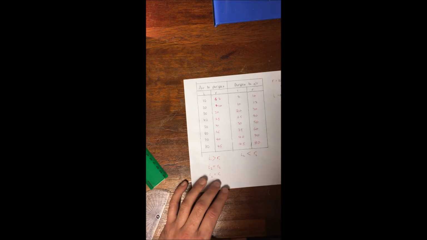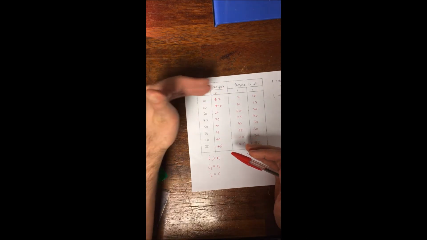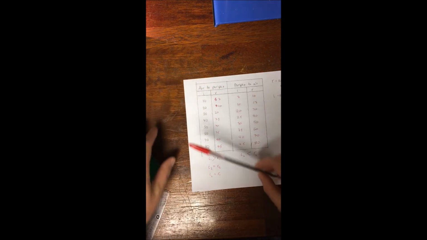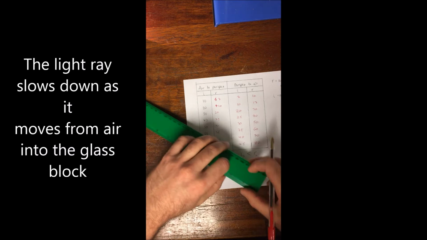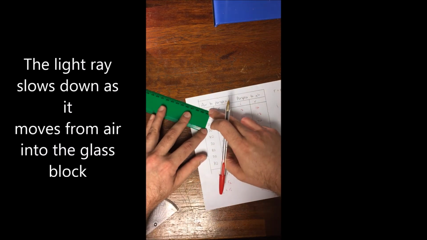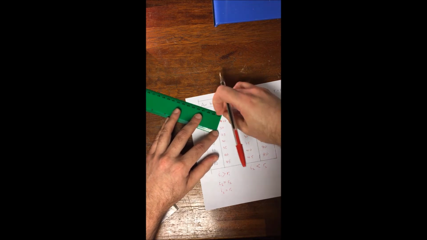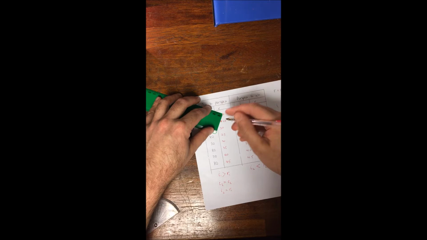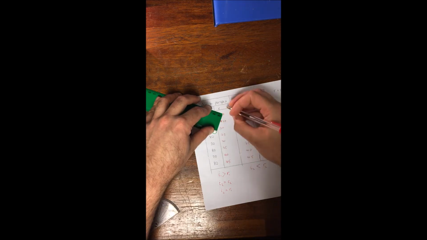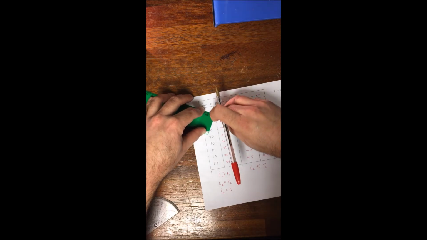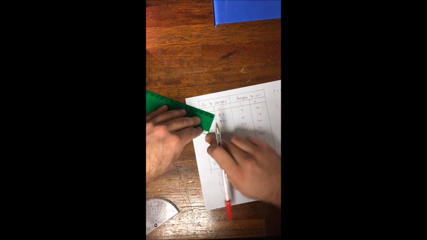Now, from this I can conclude, as the light wave enters the perspex block, it's actually slowing down. This is because this first bit of the wavefront hits the block and then slows down. Because this second bit is still going at the speed of light in air, it's going faster than this side of the wavefront.